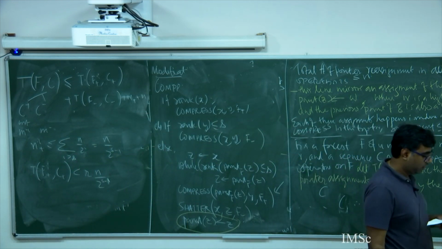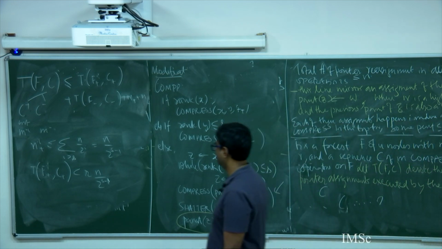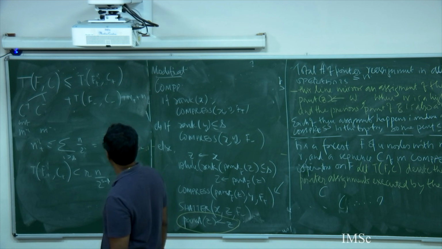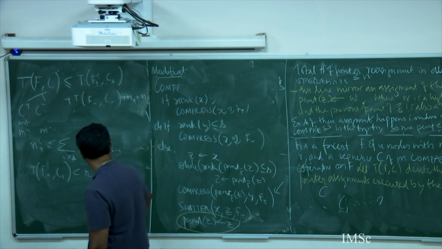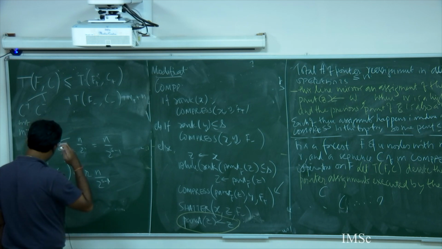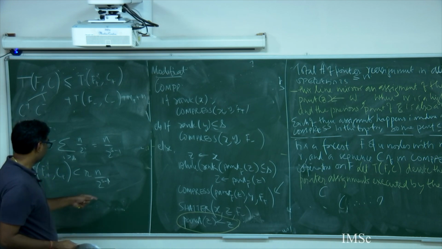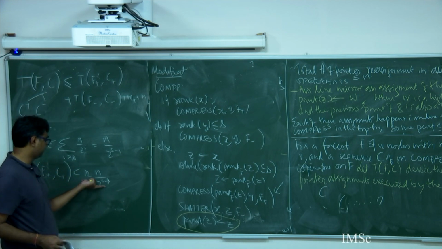Okay. So let's fix S. Up until now I have never fixed what this S is. So let's try to fix this S equal to something so that this cancels out.